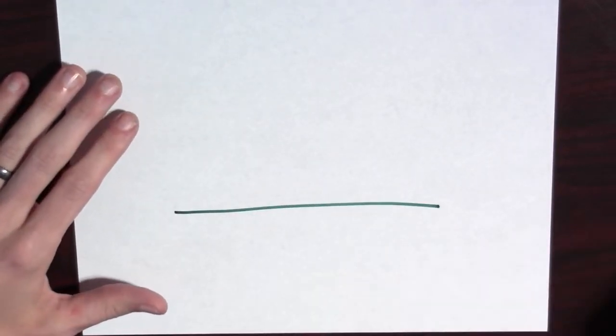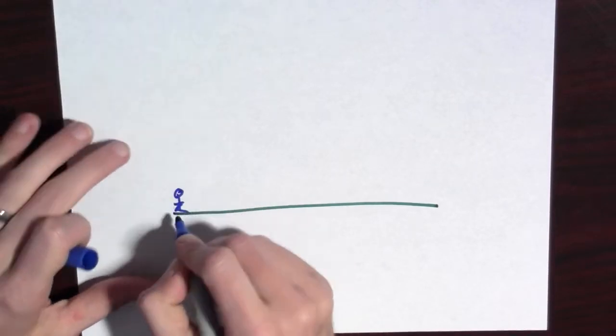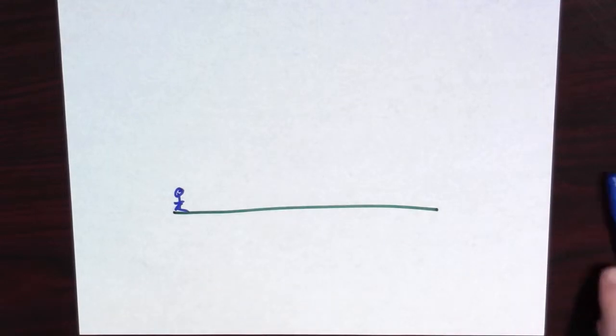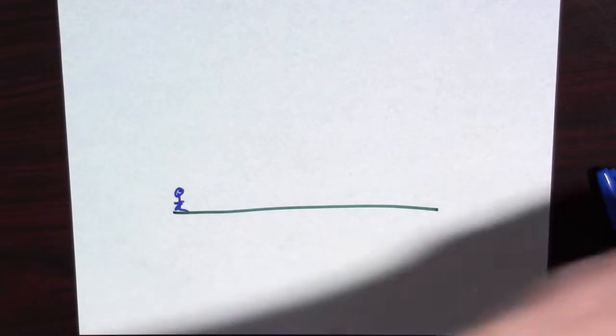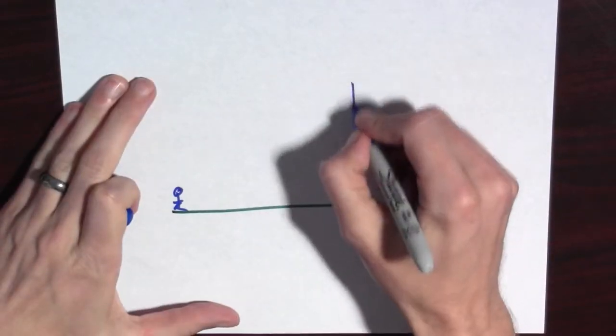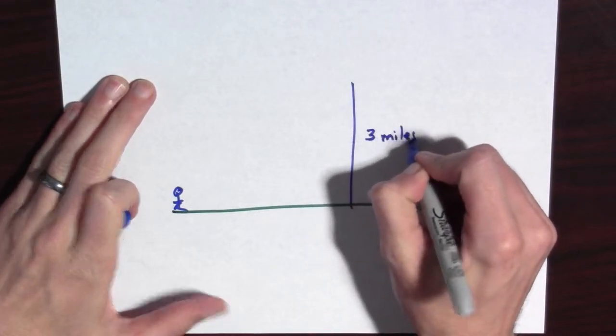So we have the ground, and maybe you're standing right here, and we're assuming your height is insignificant in the problem. And the plane is 3 miles into the air, so this is supposed to be 3 miles.